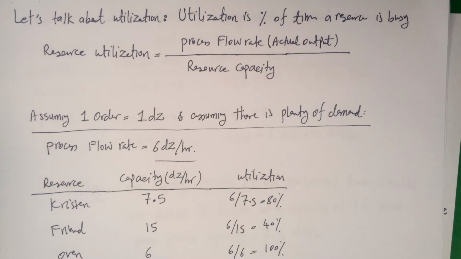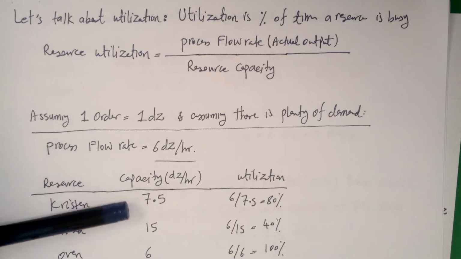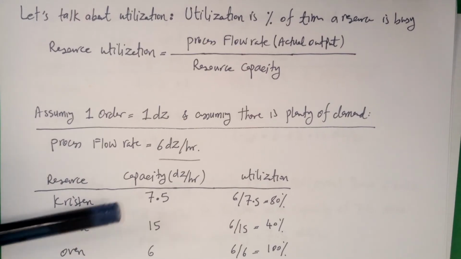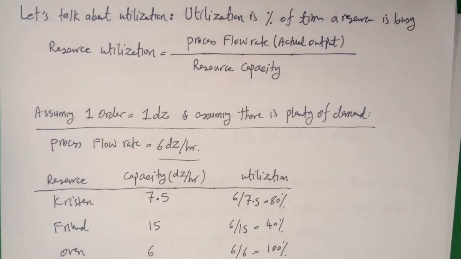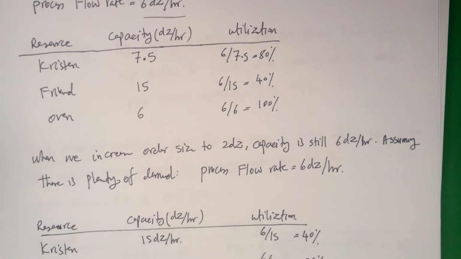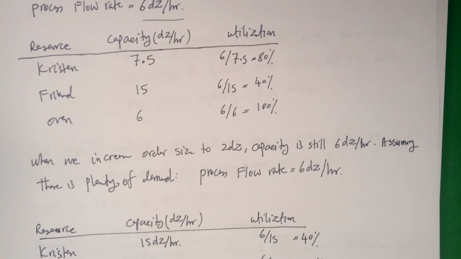Kristen has capacity of 7.5, but Kristen is going to use only 6 of that. All right. So then utilization of Kristen is going to be 6 over 7.5. How about Friend? Same thing. Friend has capacity of 15, but because of limitations somewhere else in the process, Friend is going to use only 6 out of those 15 dozen capacity, and that is going to bring Friend's utilization to 40%.